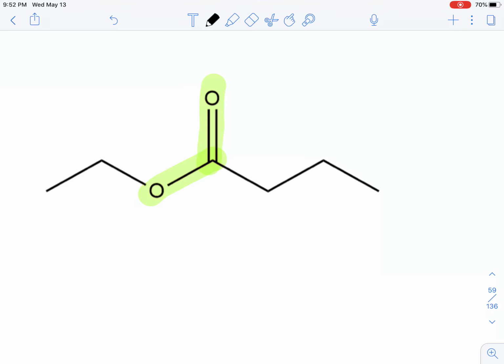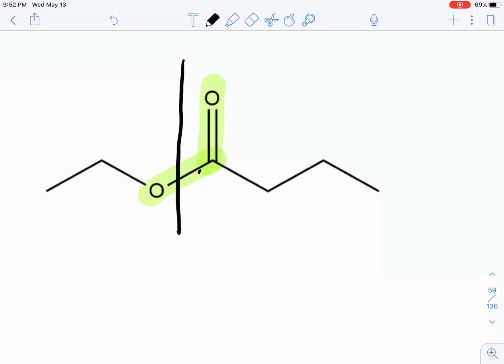And so I'm still going to, once I've recognized that I have an ester, split that bond in half. Remember, this bond right here was formed during the esterification reaction between a carboxylic acid and an alcohol. And so I'm using that bond between the carbonyl carbon and the ester oxygen as a reference point.